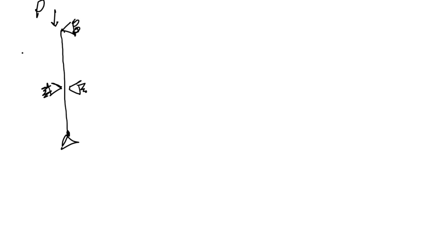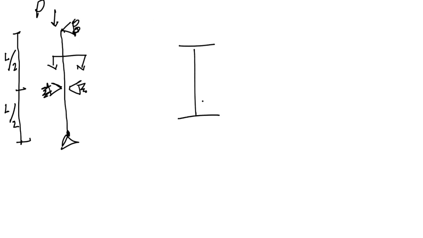Okay, so this is L, 2L over 2. And so if you were to look at the cross section, let's say, of this column, it's going to be an I-beam.